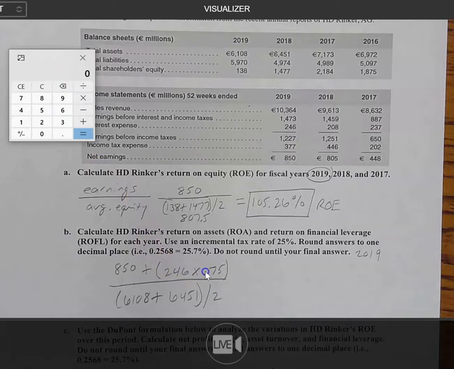We'll take the numerator first, 246 times 0.75. It's going to give us 184.5, and then we're going to add to that the net earnings figure here.